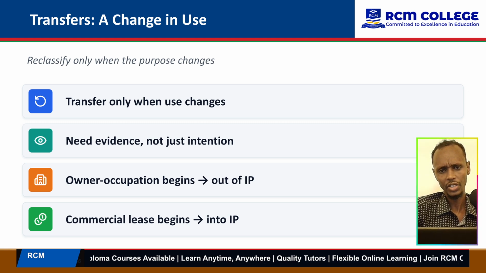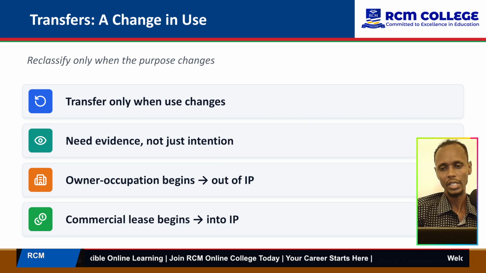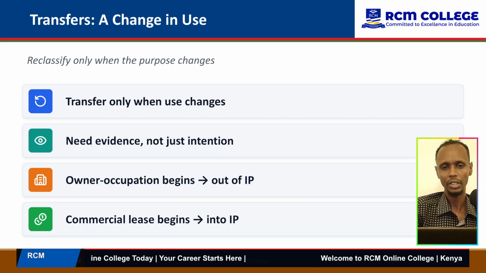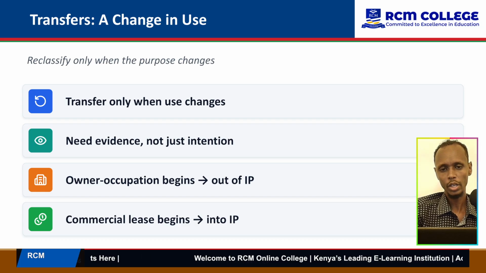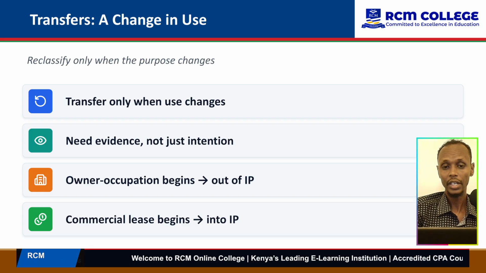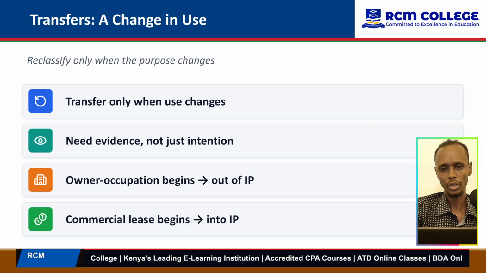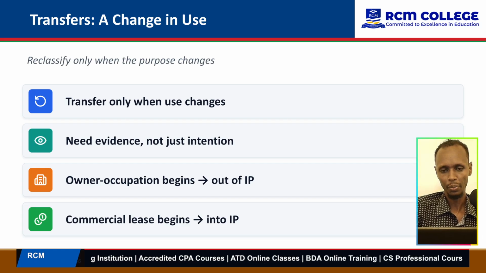If there is a change in use, for example, if the way you are using it was for another purpose, any asset might come in as inventory, might go to PPE, might come to investment property. So transfer only when use changes, and that requires evidence, not just intention. When owner occupation begins, then you remove it out of investment property.